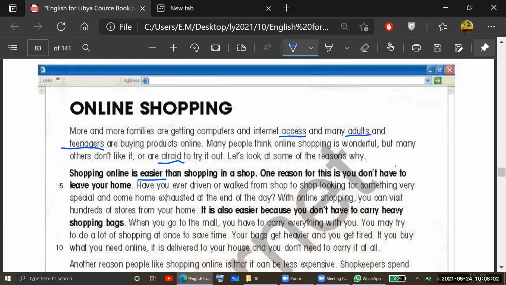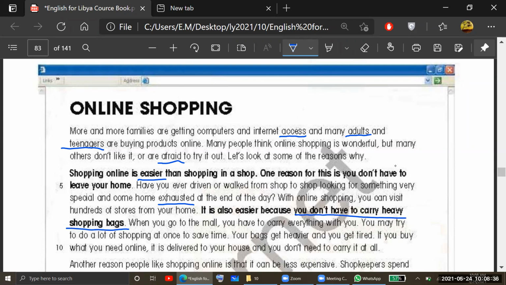One reason for this is you don't have to leave your home. Have you ever driven or walked from shop to shop looking for something very special and came home exhausted, very tired at the end of the day? With online shopping, you can visit hundreds of stores from your home. It is also because you don't have to carry heavy shopping bags.